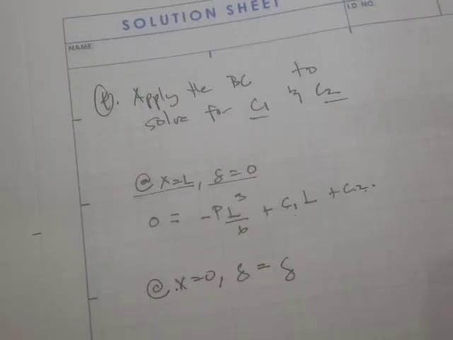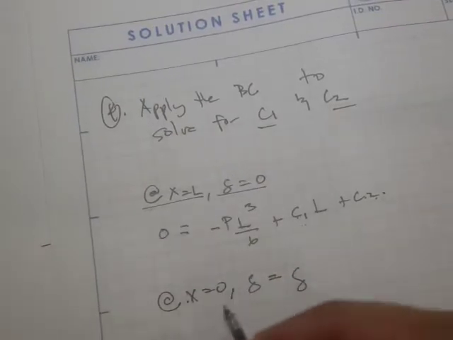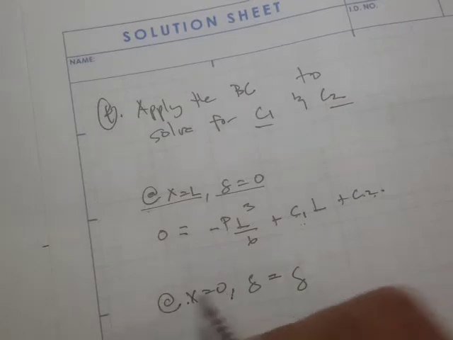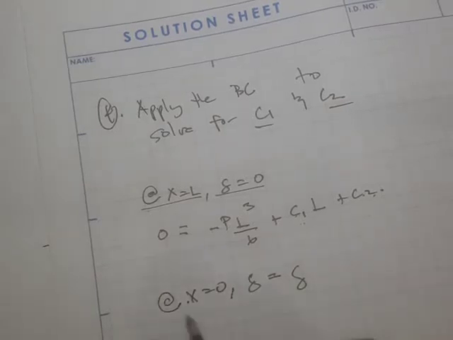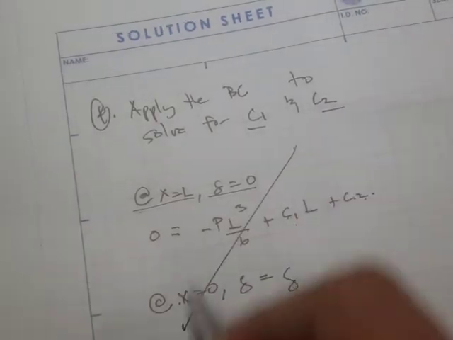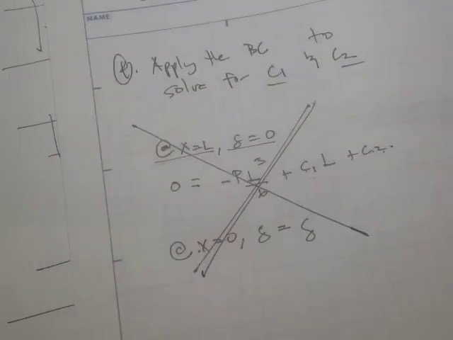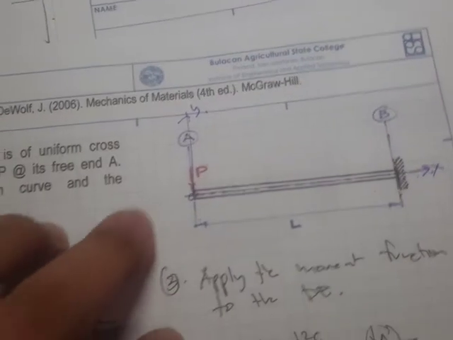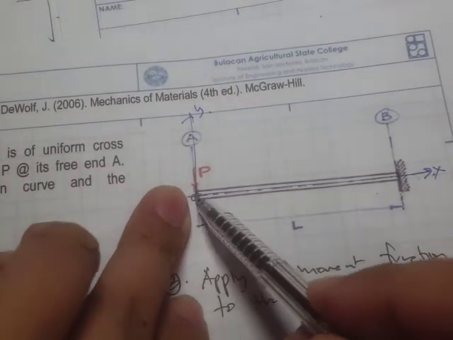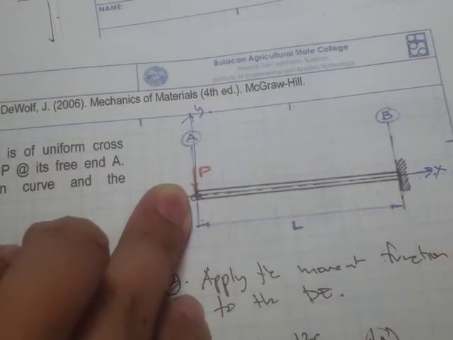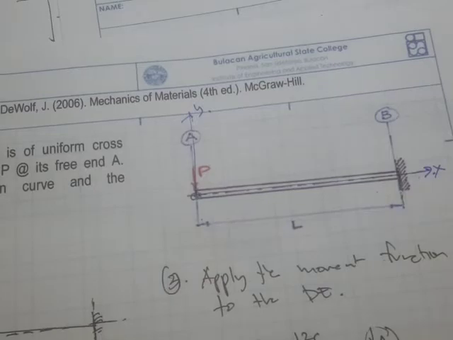By the way, I guess this shouldn't be used. Let me redo this, because if we have a free end, this is not a boundary condition.